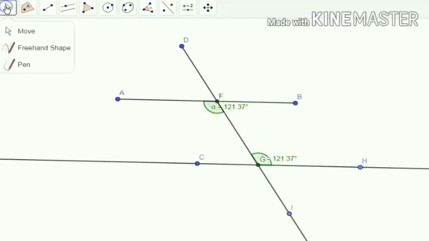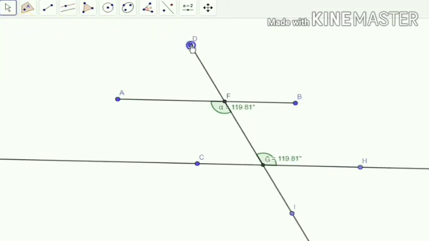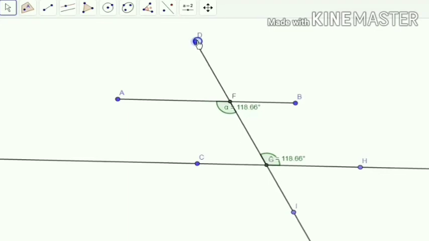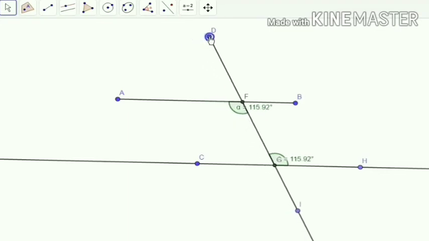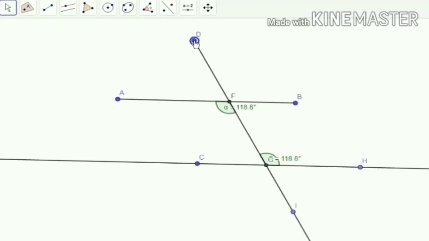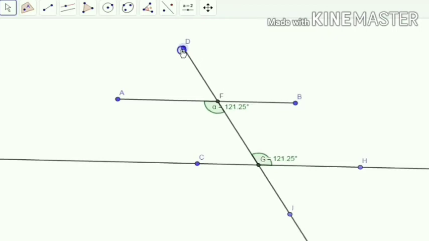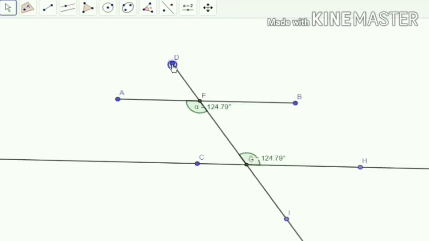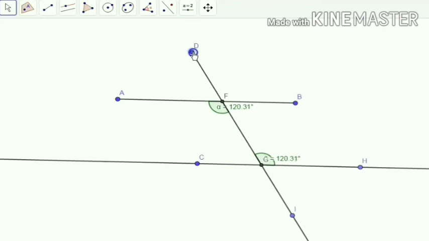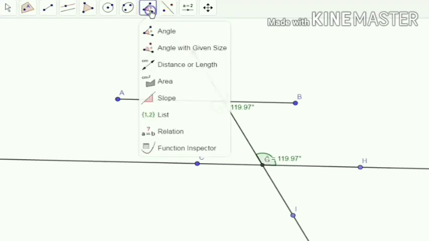So we can say in case of parallel lines, alternate interior angles are equal. We can see it after rotating the transversal line also. Every time both the angles are equal. Now let's observe what happens to alternate exterior angles.